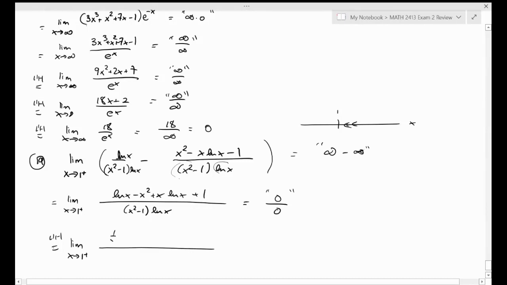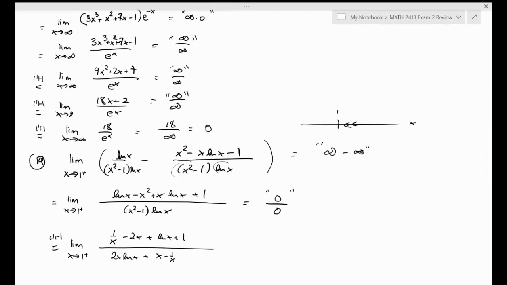All right, so you differentiate the top, product rule. Differentiate the bottom, product rule, I guess. And then try to reevaluate the limit. What do we get?